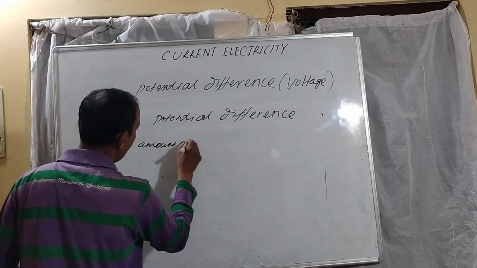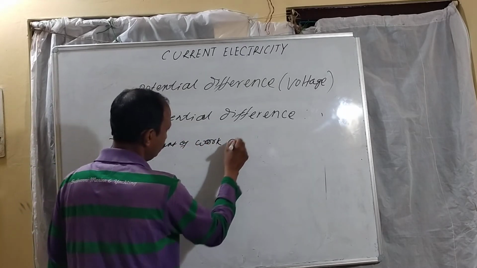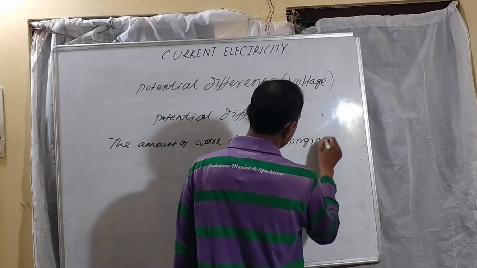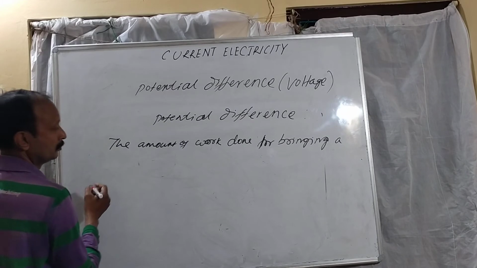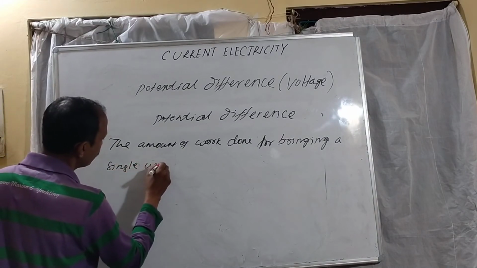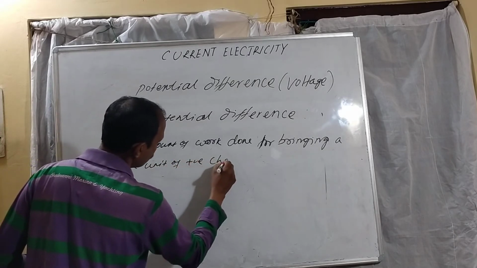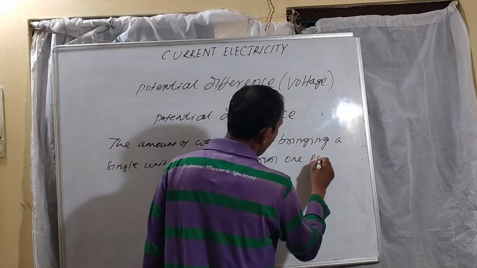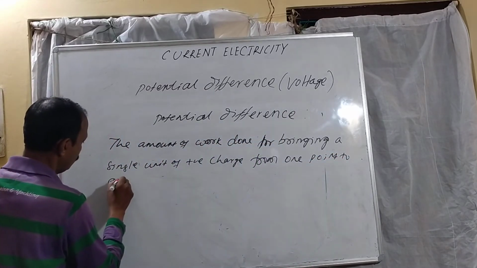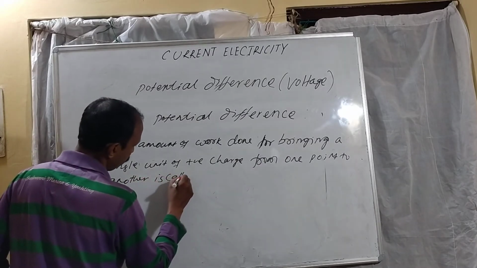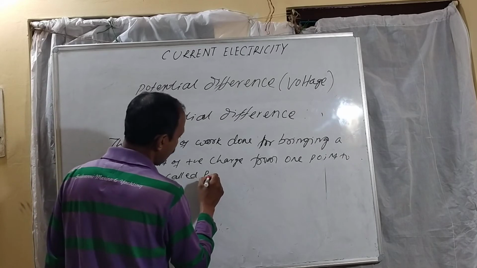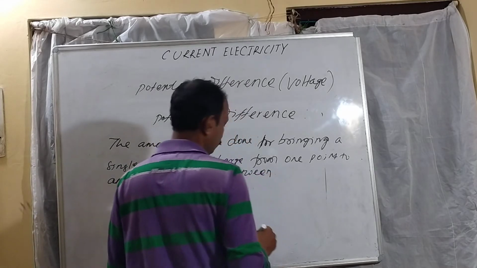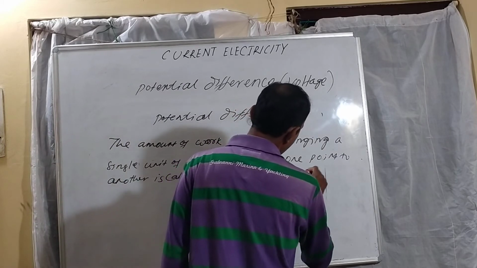The amount of work done for bringing a single unit of positive charge from one point to another is called potential difference between those two points.